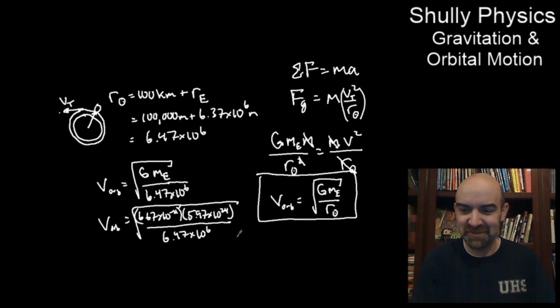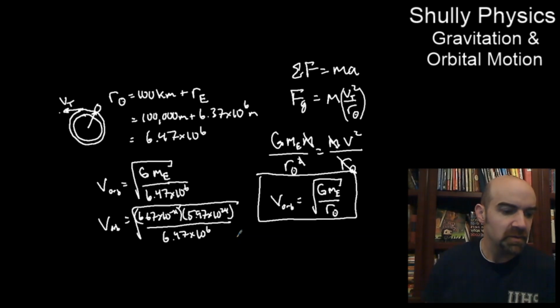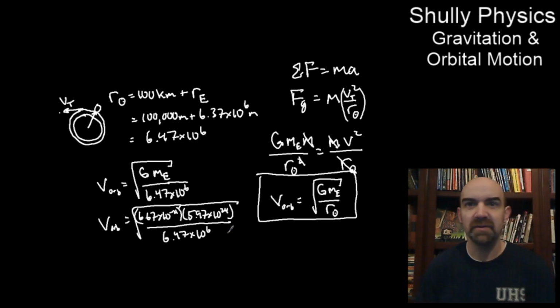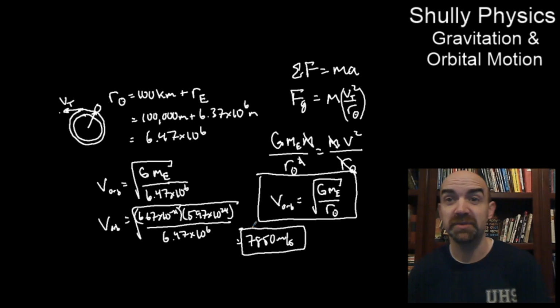We'll get an orbital speed there. About 7,800. Yeah, 3 sig figs: 7,845. So we'll say 7,850 meters per second, 7.85 kilometers per second. There we go.